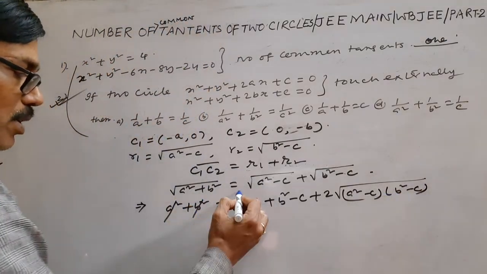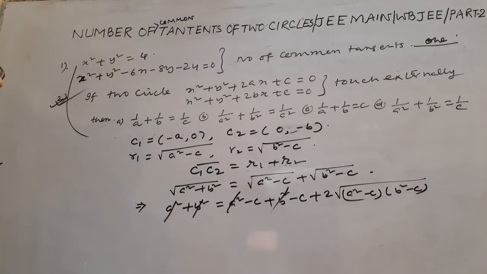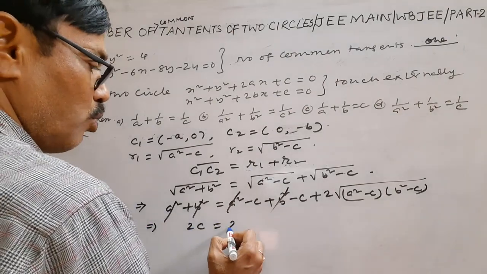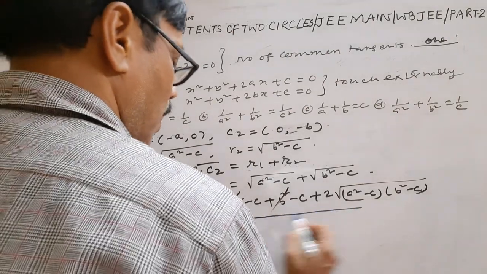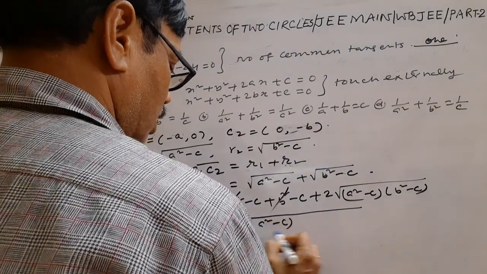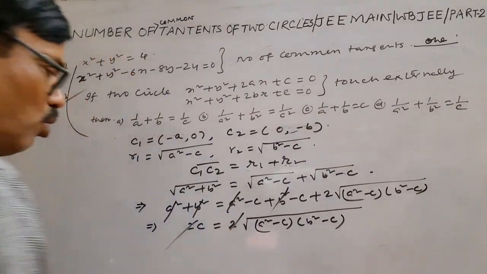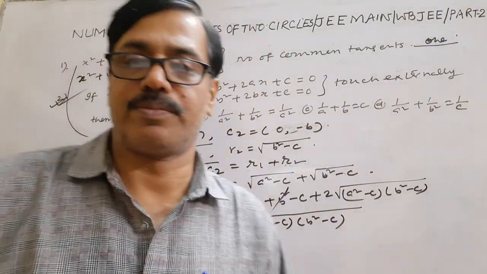So a square, b square cancel out. So 2c equals 2 into root over a square minus c times b square minus c. So 2 cancels out.